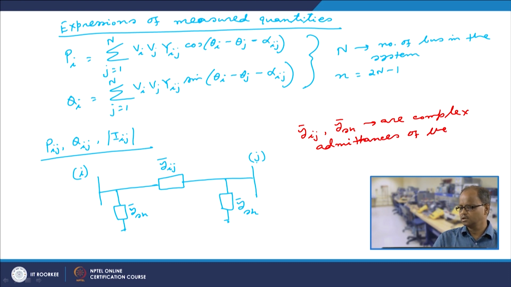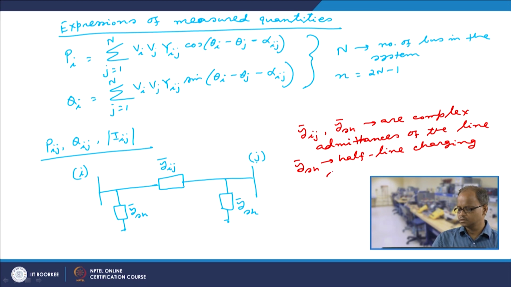And Y shunt is actually the half line charging susceptance of the line.